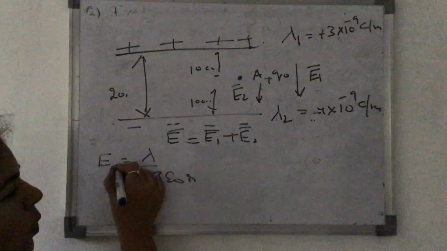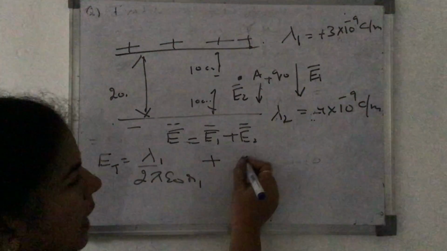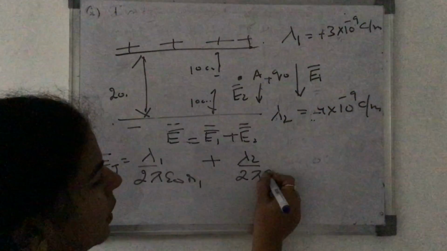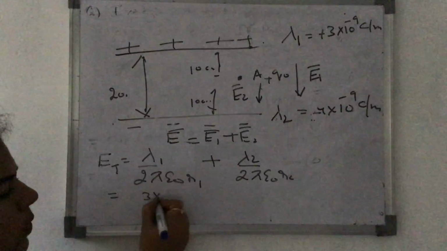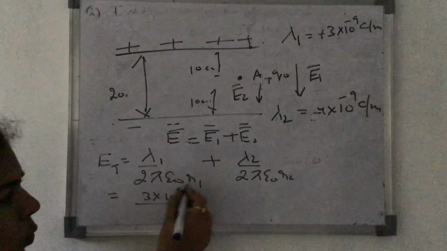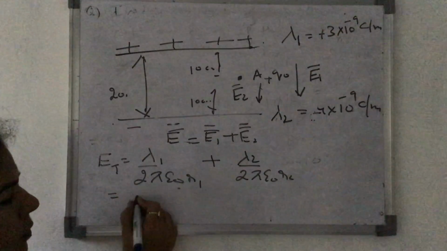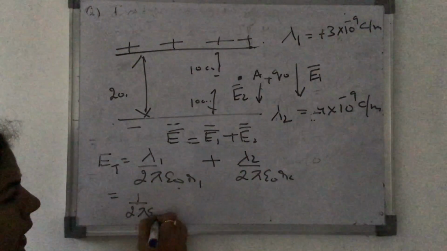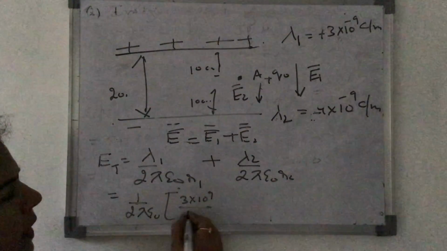So it becomes E total is equal to lambda 1 by 2 pi epsilon naught R1 plus lambda 2 divided by 2 pi epsilon naught R2. Lambda 1 की वैल्यू 3 into 10 raised to power 9. 1 by 2 pi epsilon naught को जानबूझ के हम बाहर ही ले लेते हैं और यहाँ लिख देते हैं lambda 1, 3 into 10 raised to power 9 divided by R1.